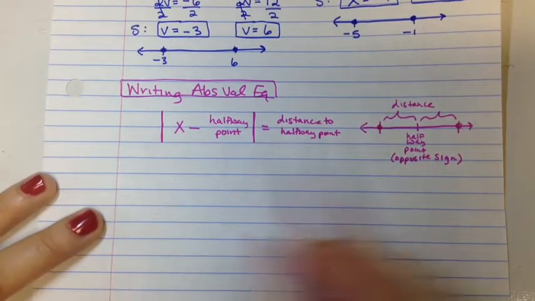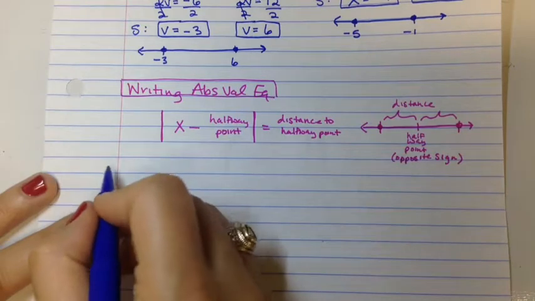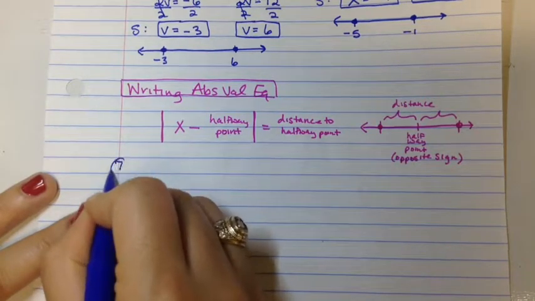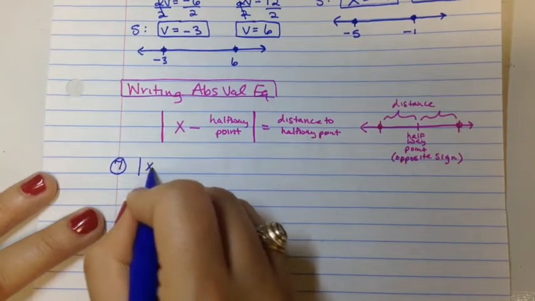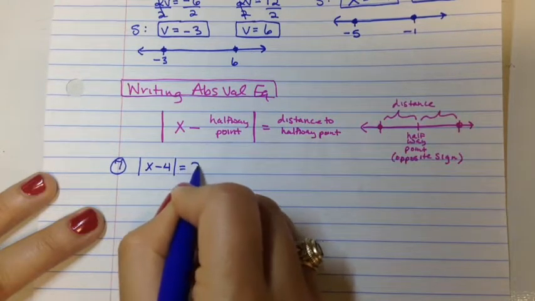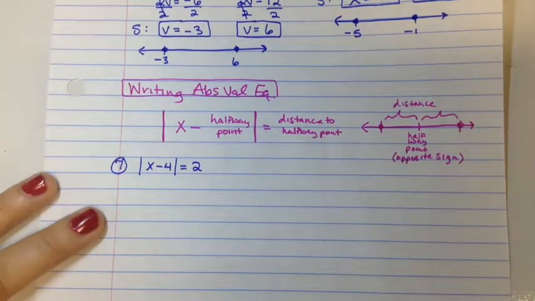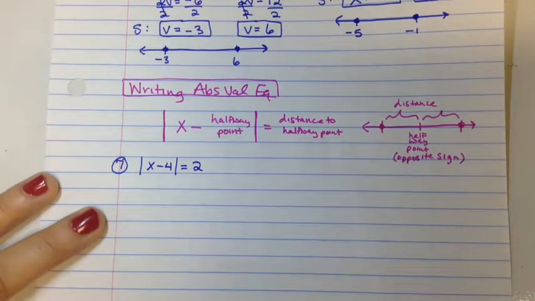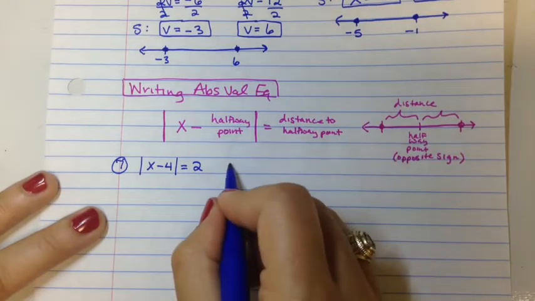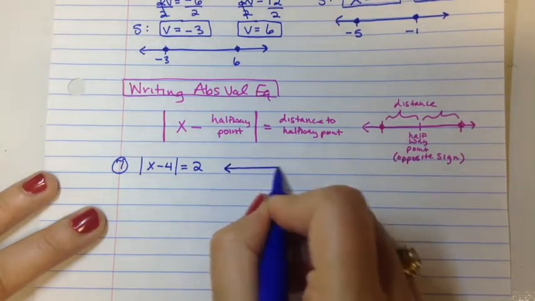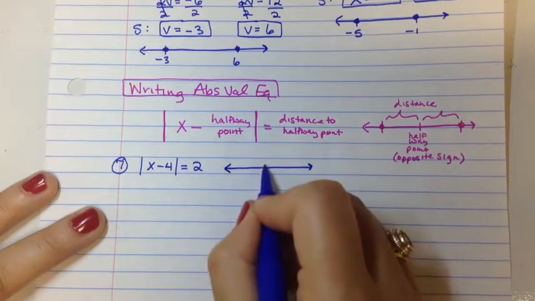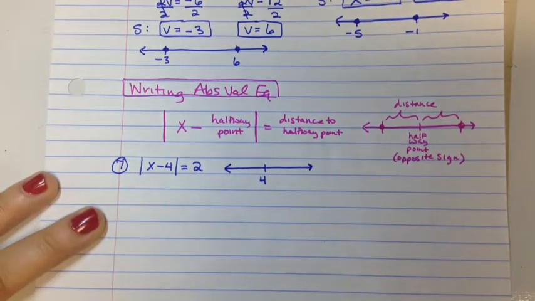So you are told to find the solutions without solving, and you're given the following equation. Absolute value of x minus 4 equal to 2. It wants you to find the solutions. We can do that because we know how to graph this. If this is my halfway point, I have 4.